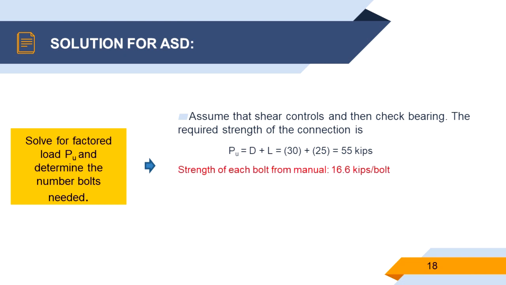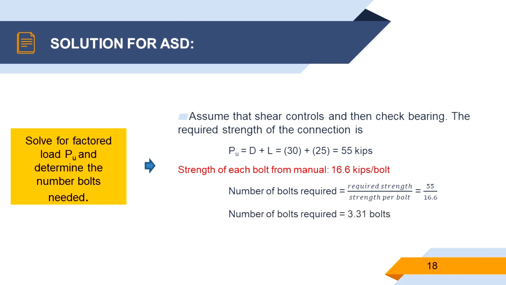Strength of each bolt from manual is 16.6 kips per bolt. The number of bolts needed is equal to required strength over the strength per bolt, which is 55 over 16.6. The number of bolts required is 3.31 bolts. Try 4 bolts, 2 per line, on each side of the splice.